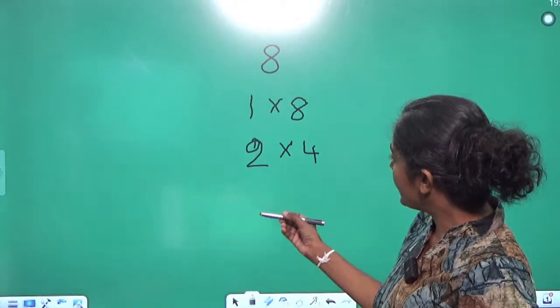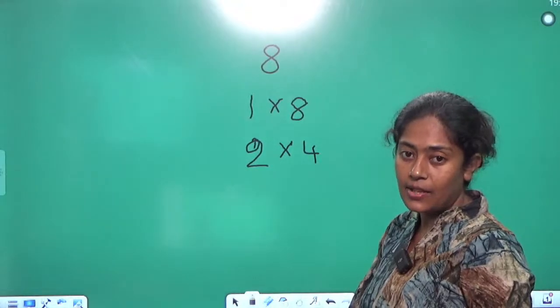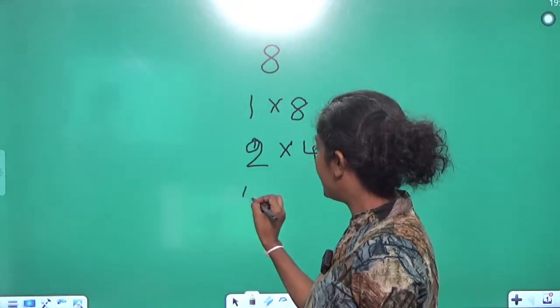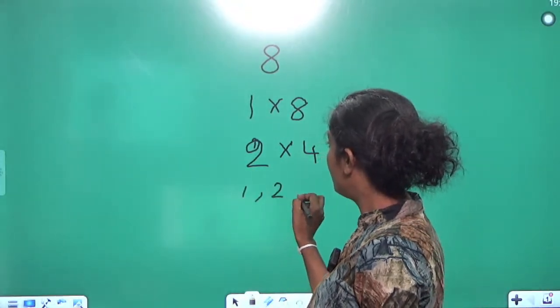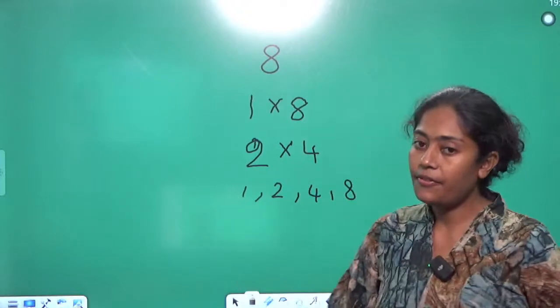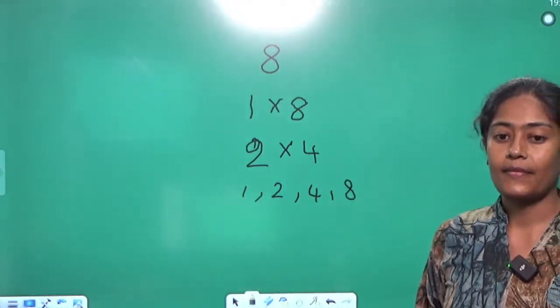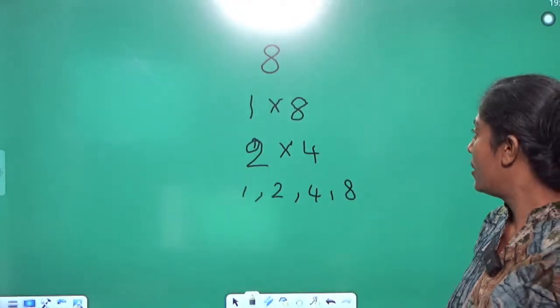So for factors you have to write these in ascending order. What are the factors then? 1, 2, 4, 8. Those are the factors. How many factors are there? 4 factors are there.